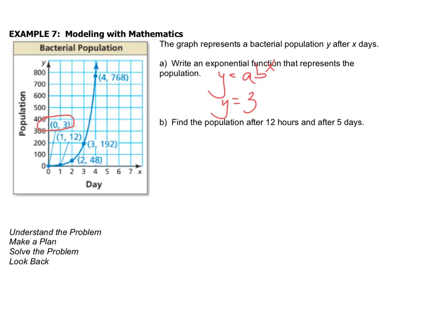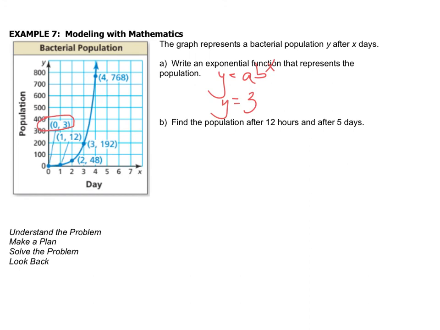Now, the b. B is that factor that we keep seeing multiplied over and over and over again. So where do I see that happening? That's on my y values. So if I look at my y values inside the graph, I see 3 times 4 is 12. 12 times 4 is 48. 48 times 4 is 192. And 192 times 4 is the 768.